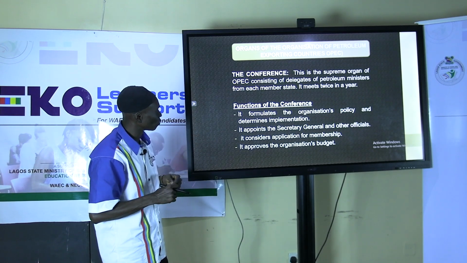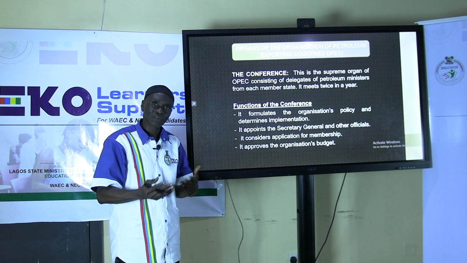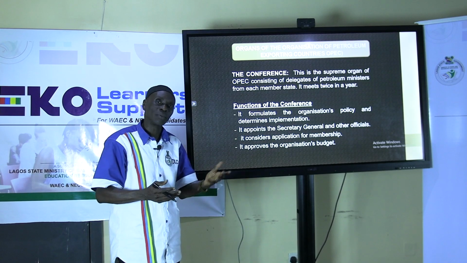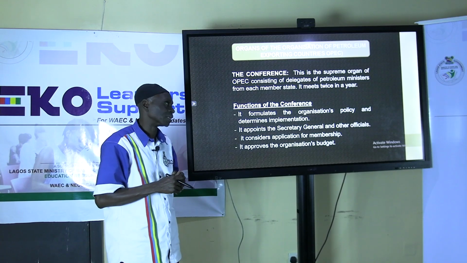What are the functions of the conference? Number 1, it formulates the organization's policy and determines implementation of the policy. 2, it appoints the Secretary General and other officials. The Secretary General of OPEC will be appointed by the conference, though after checking and the need for the period to change will come, then it is this conference that will appoint the Secretary General.